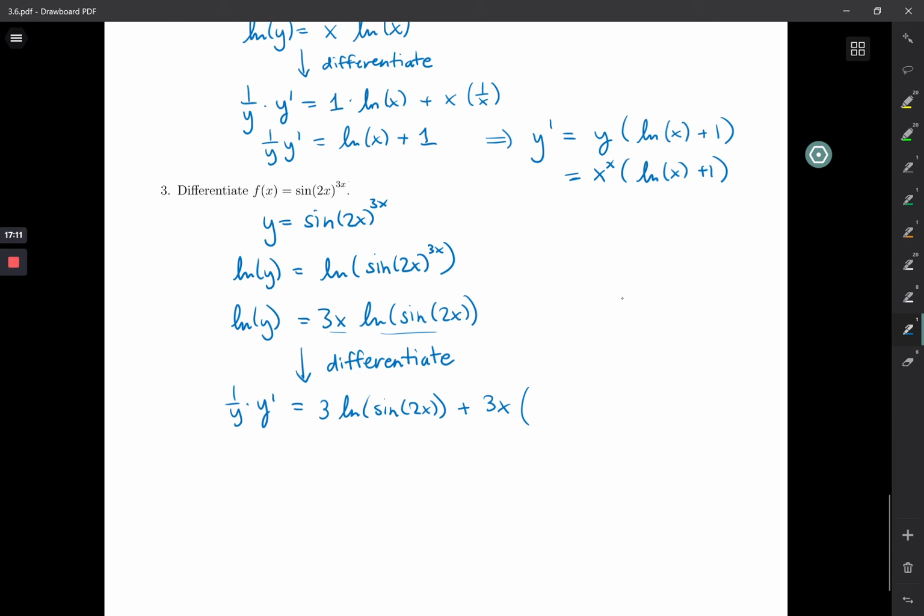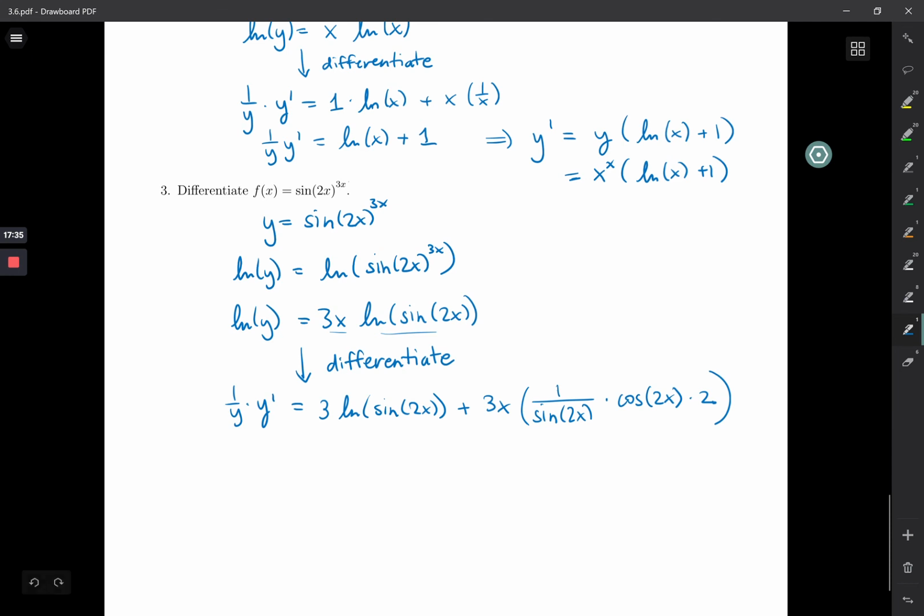First we take the derivative of natural log, that would be 1 over everything inside of it, so 1 over sine of 2x. Then we take the derivative of sine, and that is cosine, and we leave the inside alone, so cosine of 2x. And then finally, we take the derivative of the inside of that, which is just 2.